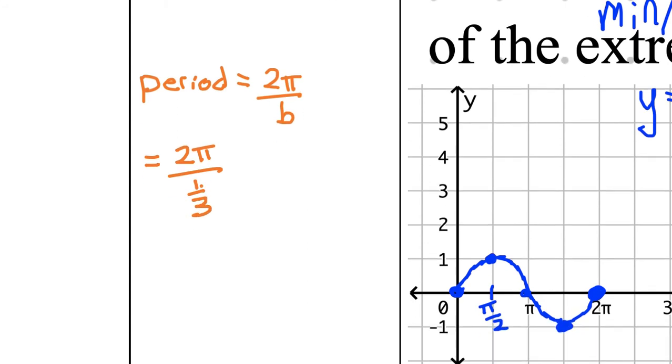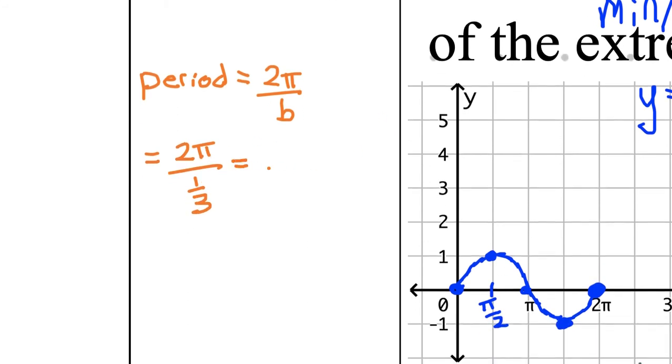Ooh, nested fractions. Those are always difficult, right? So that's the same thing as 2 pi divided by 1/3. When I do a number divided by a fraction, let's make them both fractions, so I'll add black to say I'm adding this divided by 1. Now this is a keep it, change it, flip it rule. Whenever you have a fraction divided by a fraction, it's always keep it, change it, flip it.